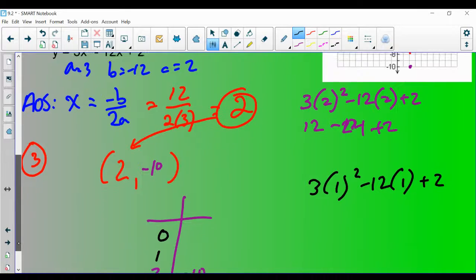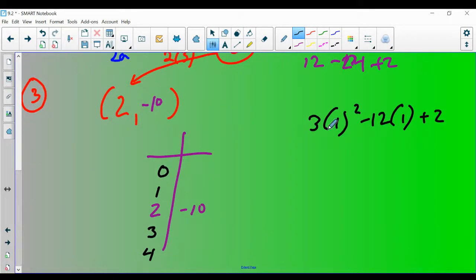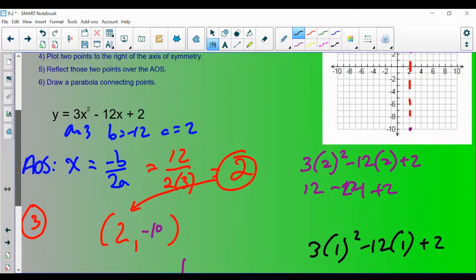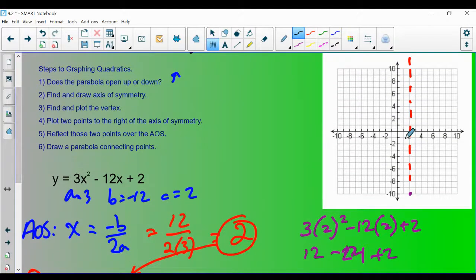Our calculators can handle that full line, but so can I. 1 squared is 1 times 3 is 3. Minus 12 there, because 12 times 1 is just 12. Plus 2, -9 plus 2 is -7. So when I plugged in 1, I got -7. I could reflect that over to the 3 as well, or I could have plotted 1, -7 here, and then I could have visually reflected it over that axis of symmetry to that point, 3, -7.